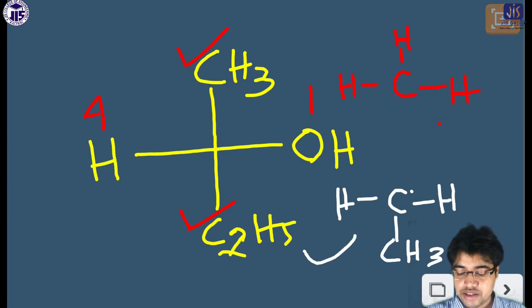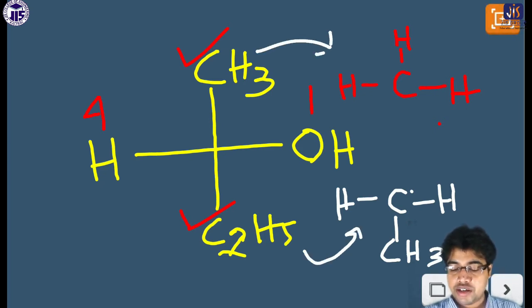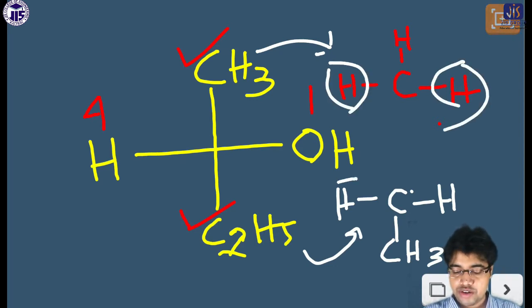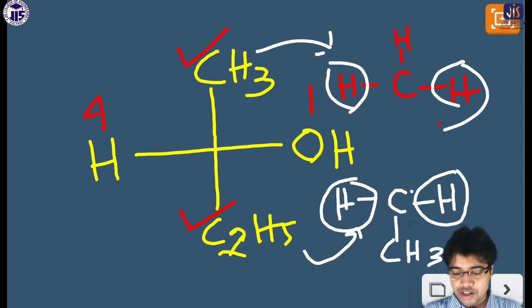So it is this type and it is this type. Now compare: two hydrogens are there, and two hydrogens cancel out. Here also two hydrogens are there, so they cancel out. Cancelling out means it is the same, so we can't differentiate with respect to these two hydrogens.